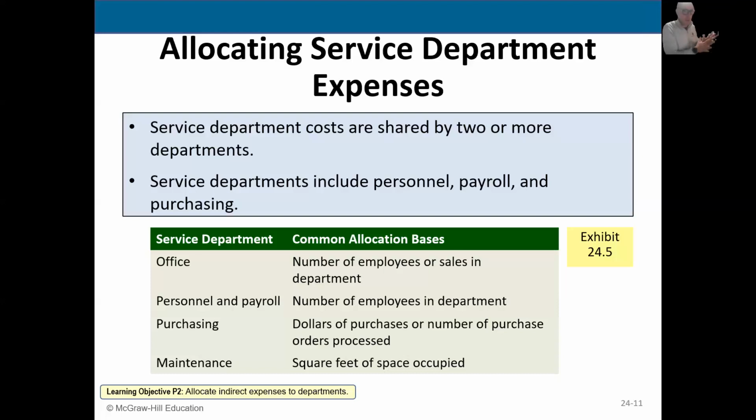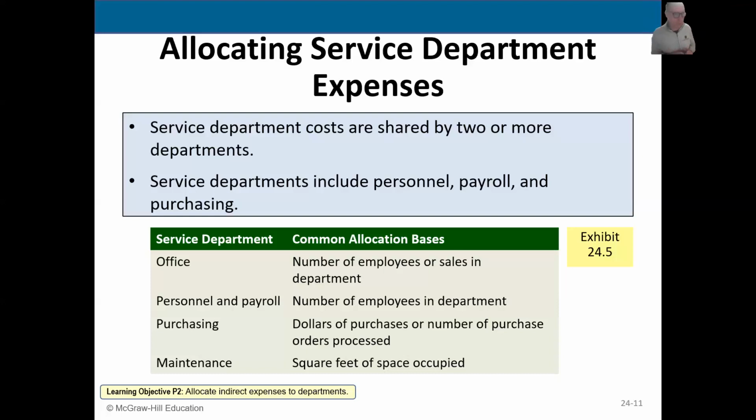These are all service departments that support the operations departments. You see? We need to allocate the costs of these support departments or service departments to the operational departments.